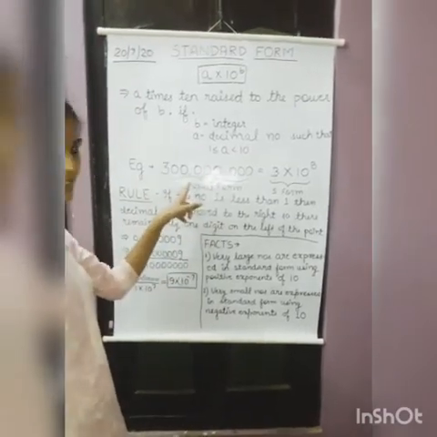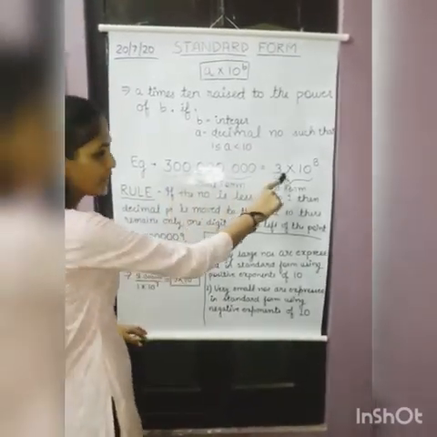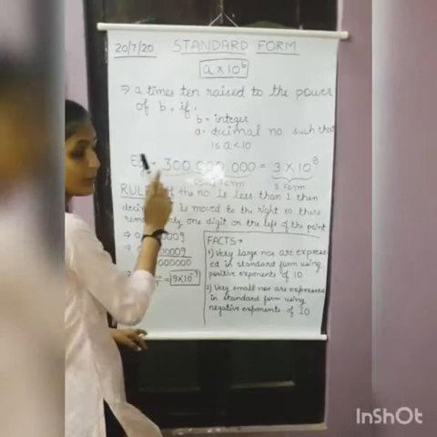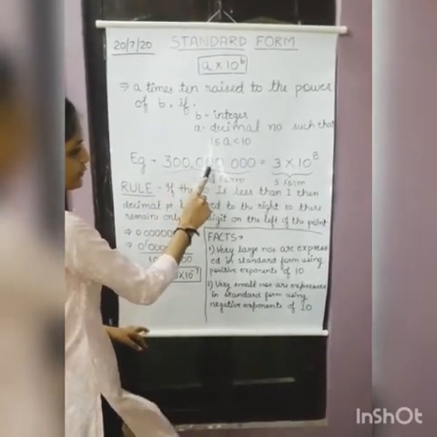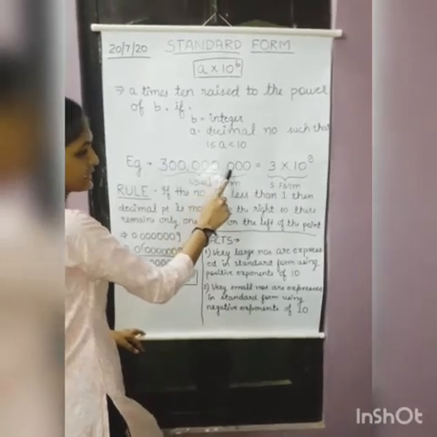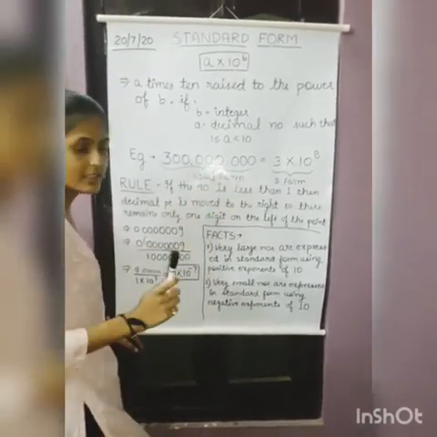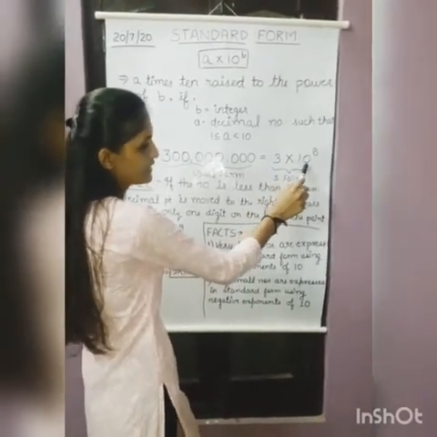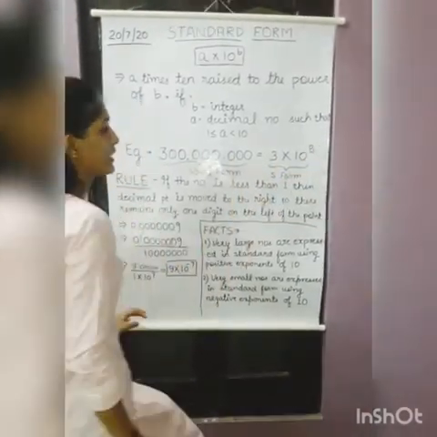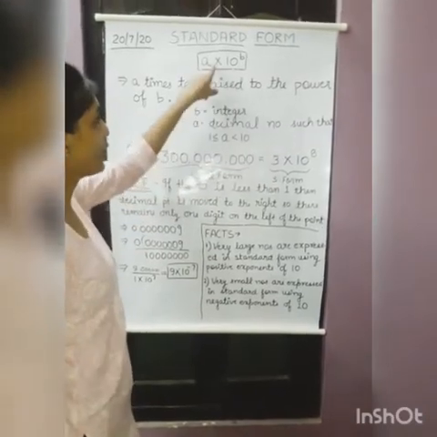And how will I convert? See, I'll write 3 over here. Then I'll count the number of zeros: 1, 2, 3, 4, 5, 6, 7, 8. 8 zeros are there. So I'll write it as 3 multiplied by 10 raised to the power 8. Now compare this with this form.